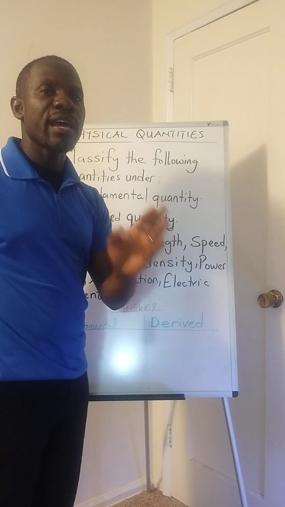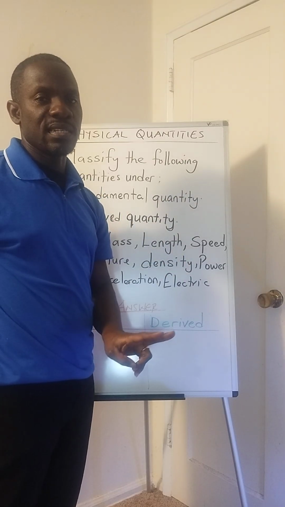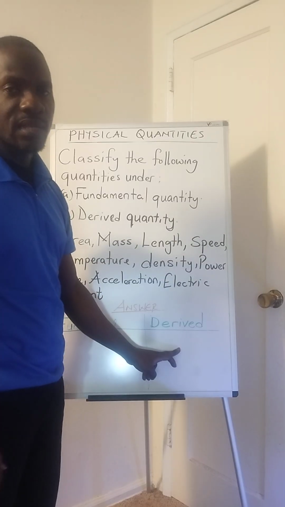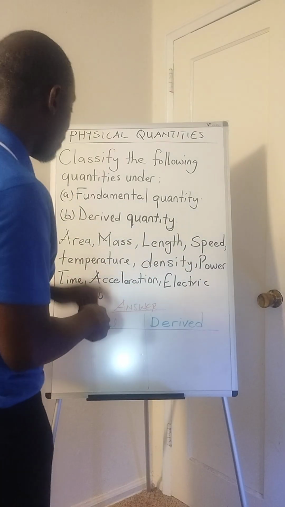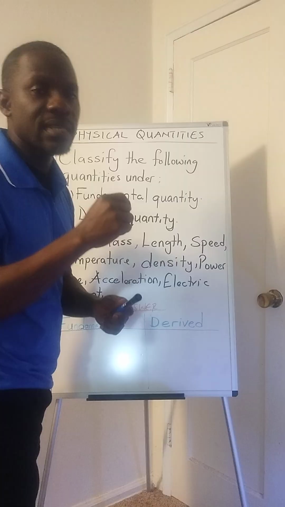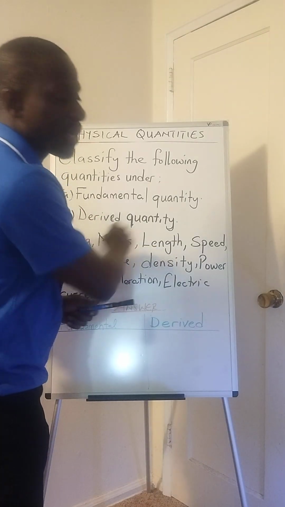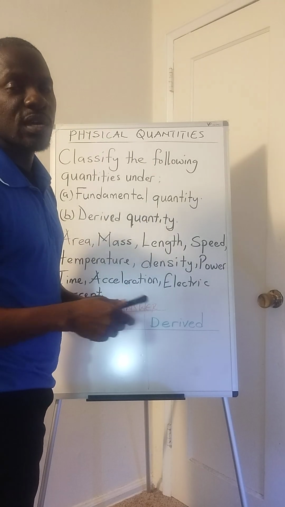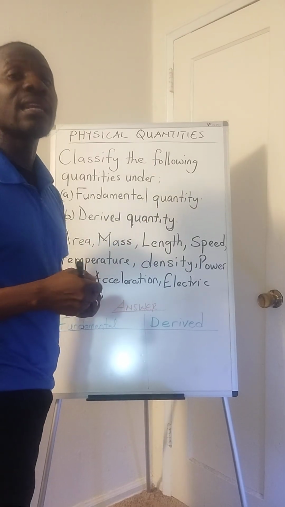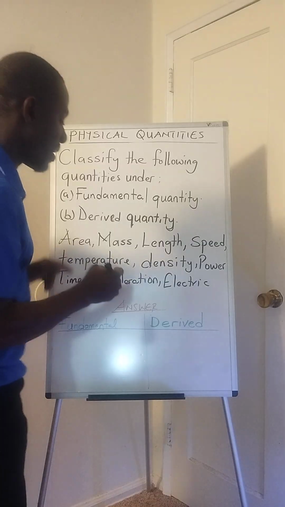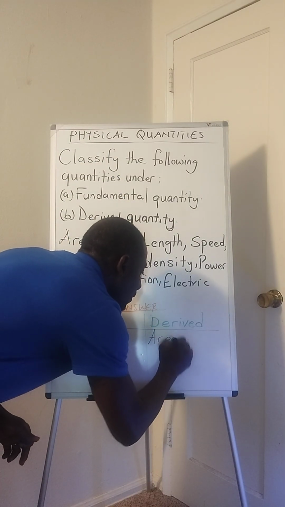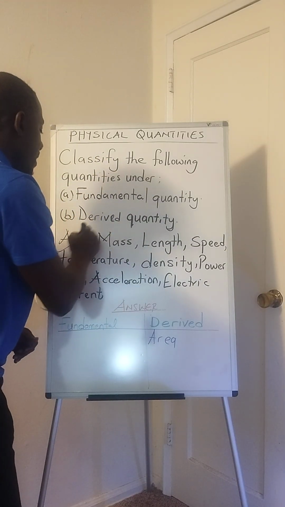And if you are multiplying two fundamental quantities, then area becomes a derived quantity. I hope you understand. And so I'm going to put area there. And then anytime we pick out a quantity, I'm going to cross it out, so that you know that that one has been taken care of. And so area is a derived quantity. And so area is out.